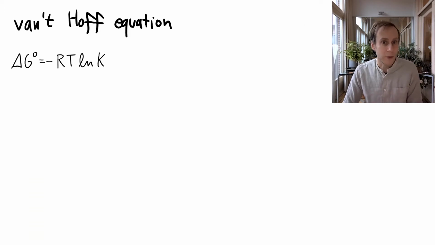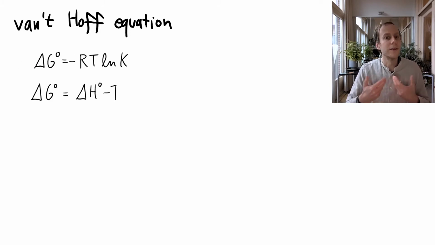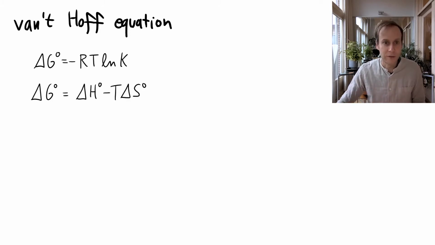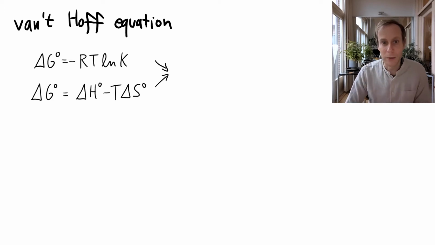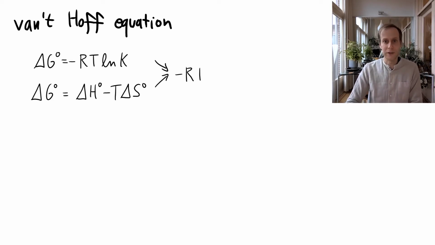The Van 't Hoff equation is nothing else than the combination of this equation with the already established equation for the Gibbs free energy, which is the enthalpy change minus the temperature times the entropy change. So the fundamental equation, which is basically the combination of the first and the second law of thermodynamics. So combining these two gives us the Van 't Hoff equation.